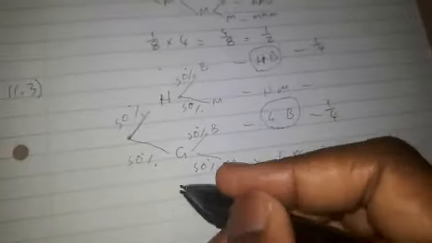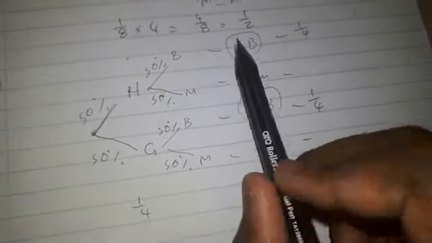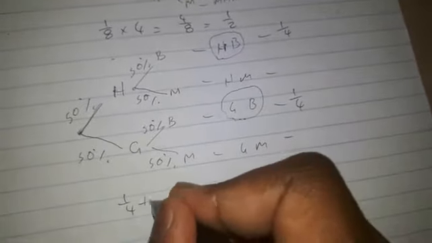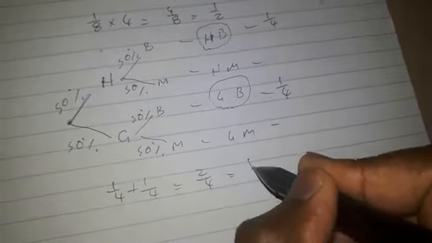So the probability of the first person hitting a bullseye is a quarter plus a quarter. This is if the first person hits a bullseye. A quarter plus a quarter is just 2 quarters, which is a half.